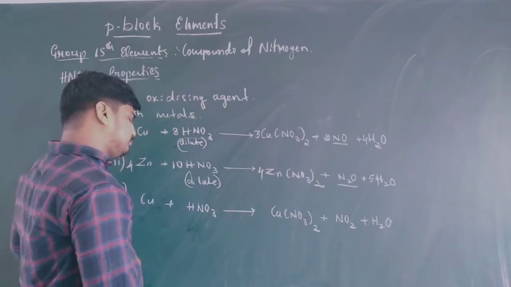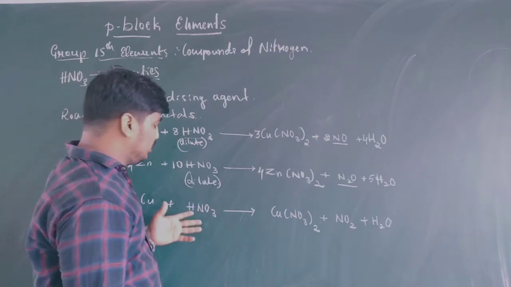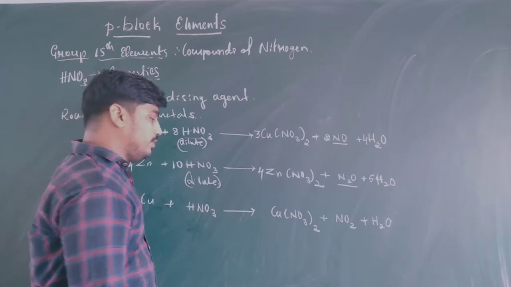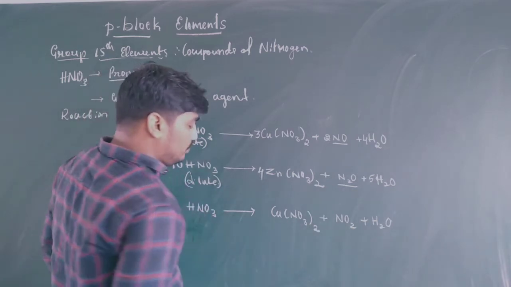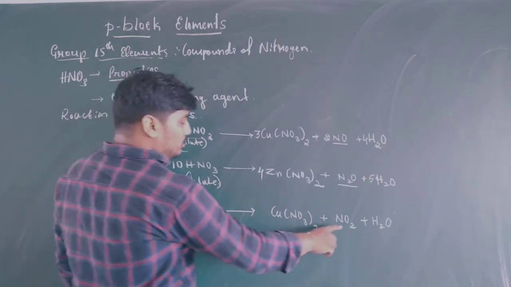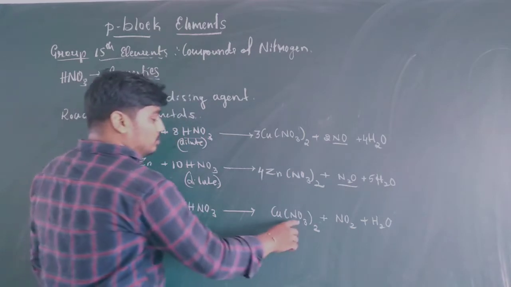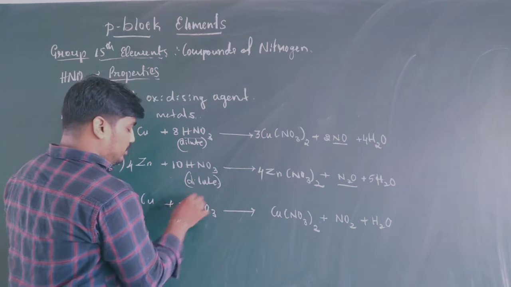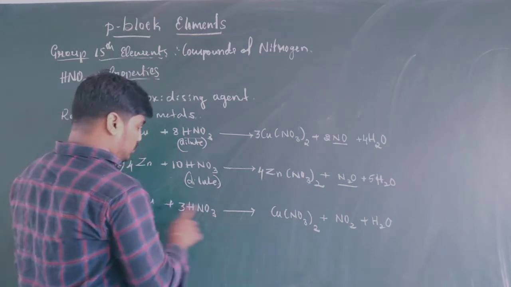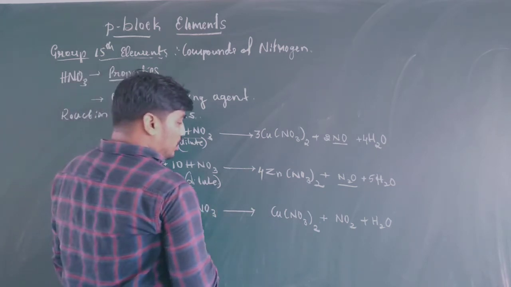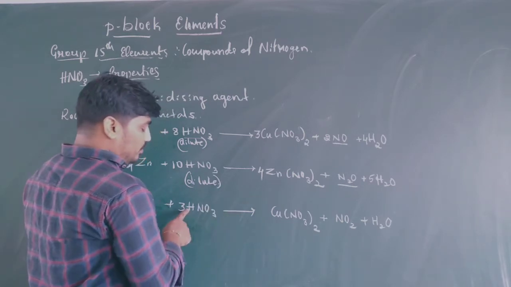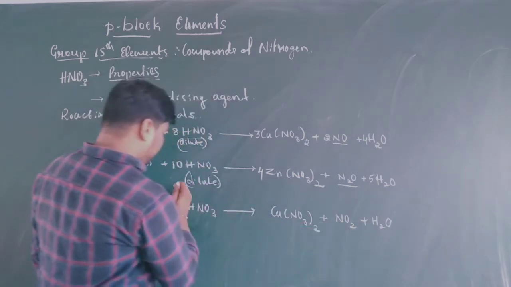Here, how much nitric acid is required to balance this reaction? Here 2 nitrogen, correct? So 1 plus 2 plus 1, 3 HNO3, copper. Now it is not balanced because of the hydrogen, so therefore I am taking it as 4.